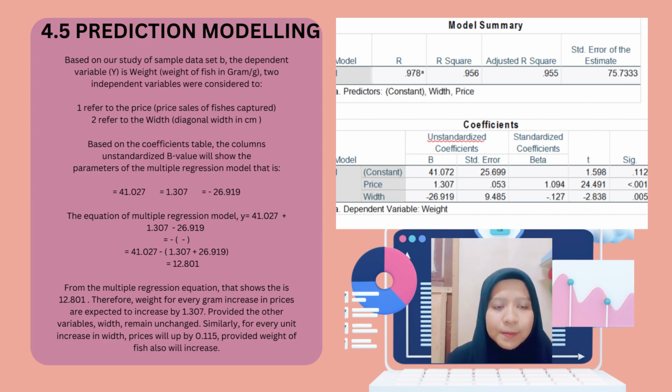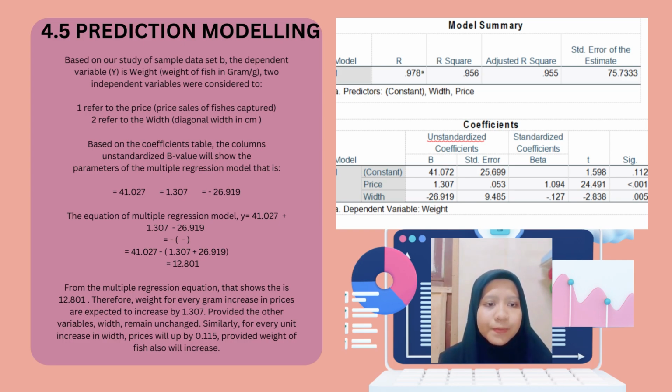From the multiple regression equation, that shows the b0 is 20.801. Therefore, for every gram increase in the price, weight is expected to increase by 1.307, provided the other variable, width, remains unchanged.